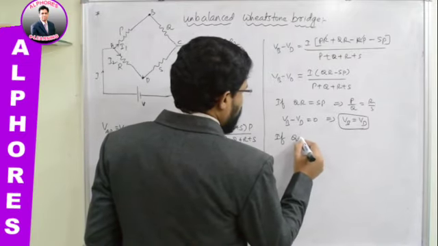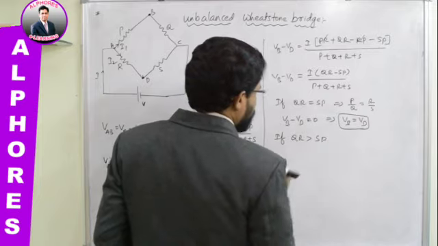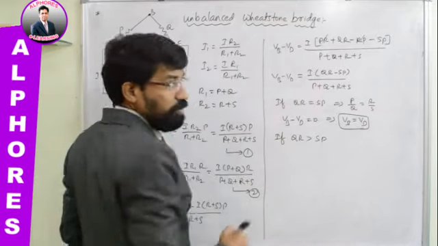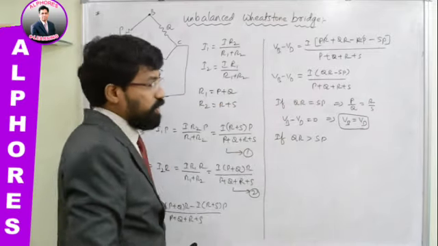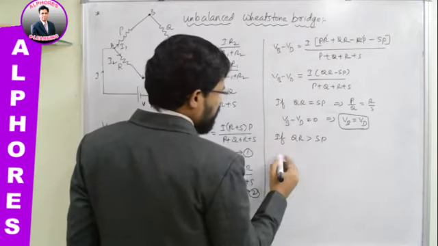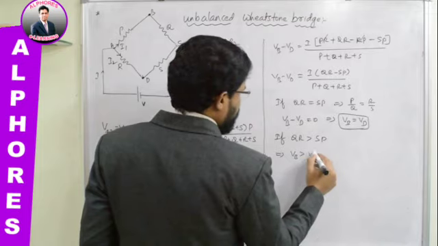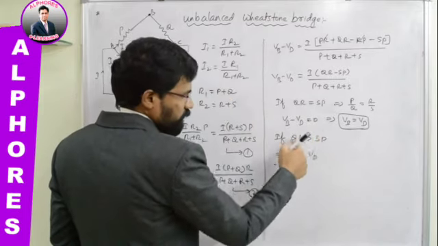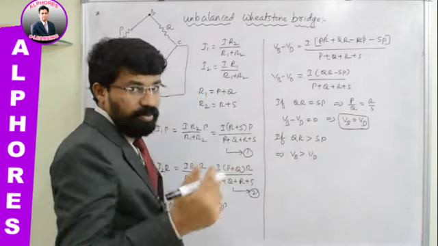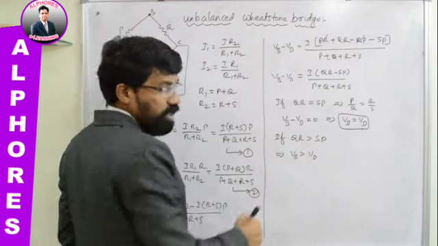If QR is greater than SP, then this numerator value will be positive. If the numerator is positive, what does it imply? That implies VB is greater than VD. The condition P by Q equal to R by S is not possible because QR is greater than SP.